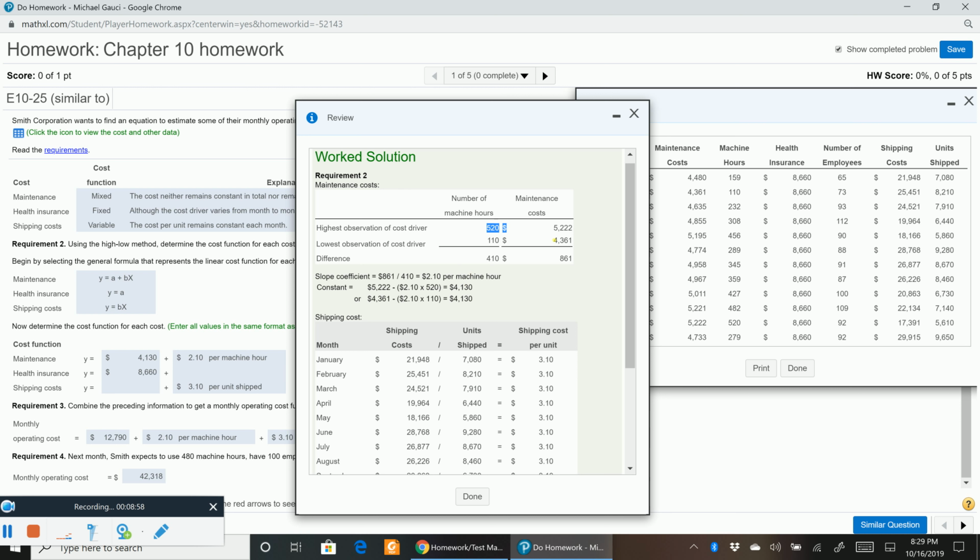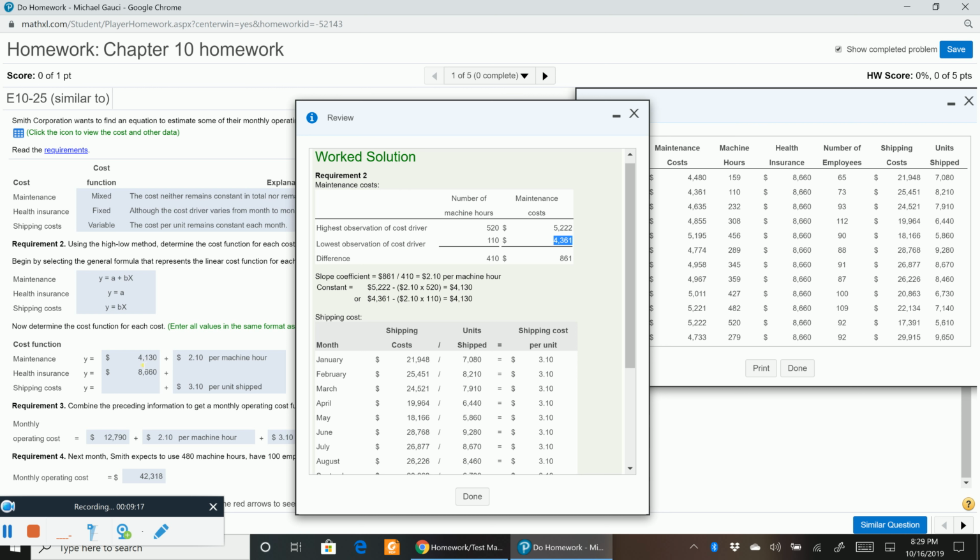I can also test it at the low level. The total cost was $4,361. So total cost minus the variable cost per unit, $2.10, times the number of machine hours, 110, you get the same $4,130.